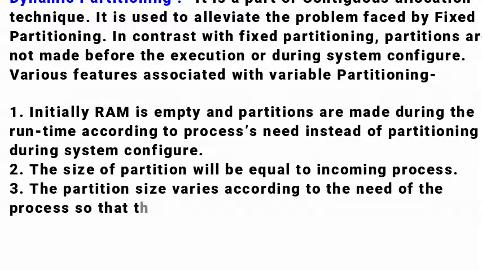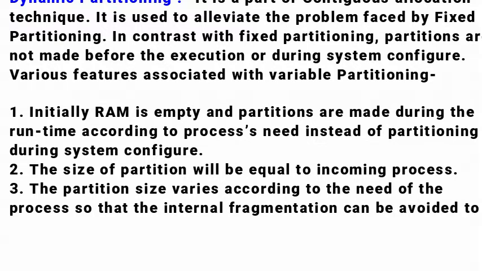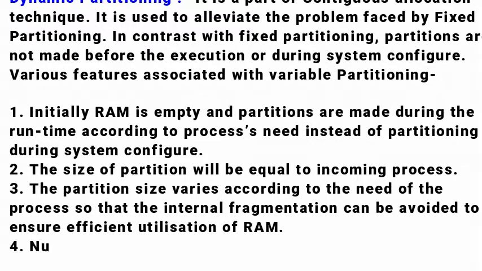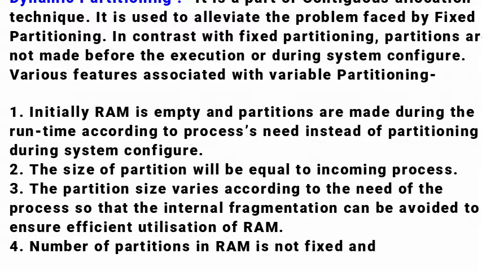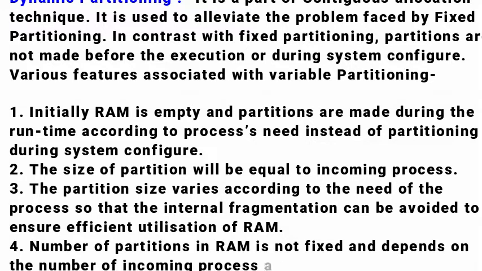Third, the partition size varies according to the need of the process so that internal fragmentation can be avoided to ensure efficient utilization of RAM. Fourth, the number of partitions in RAM is not fixed and depends on the number of incoming processes and main memory size.